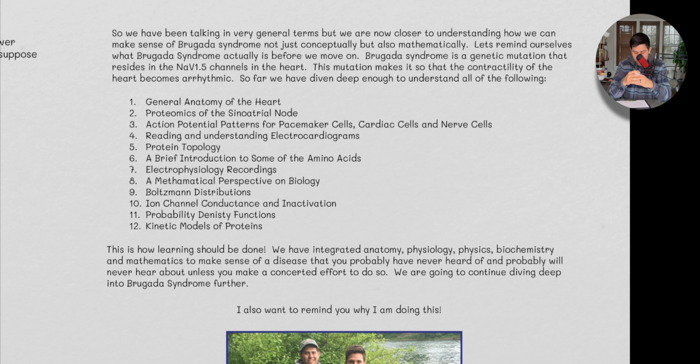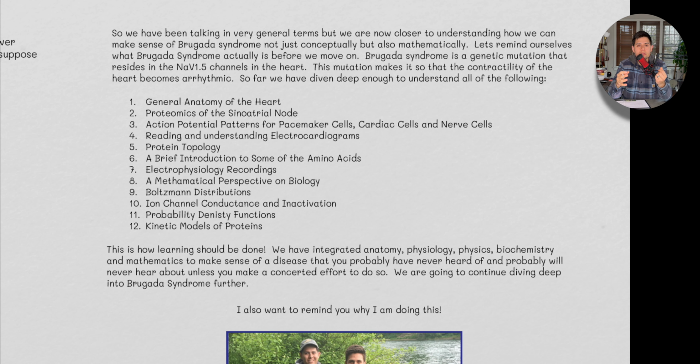A mathematical perspective on biology, when we were talking about information and function space, and biology being the mapping between those two things. Boltzmann distributions. We didn't talk too much about the Boltzmann distribution, but we introduced its idea and how it helped us relate conductance with voltage. Ion channel conductance and inactivation, right?